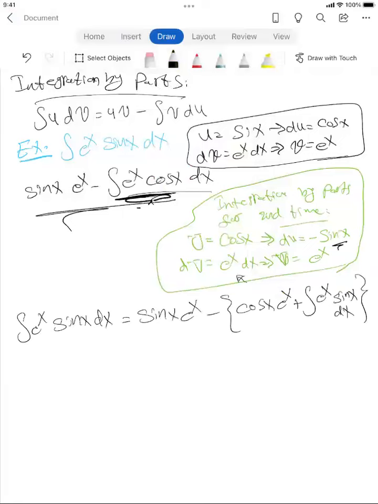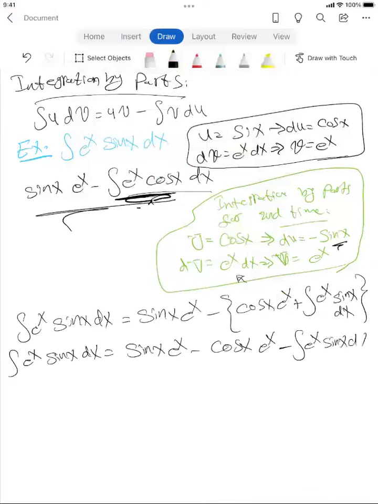So let's distribute this negative into the braces, and let's see what happens. Then this one would be sine of x e to the x minus cosine of x e to the x minus integral of e to the x sine of x dx. If you notice, this integral and the problem that I started with are similar. So what I can do is bring this integral back.